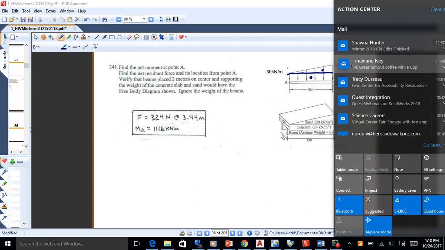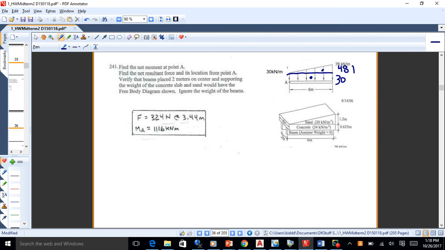So this is kilonewtons per meter. As is this. Okay. So we okay with that?